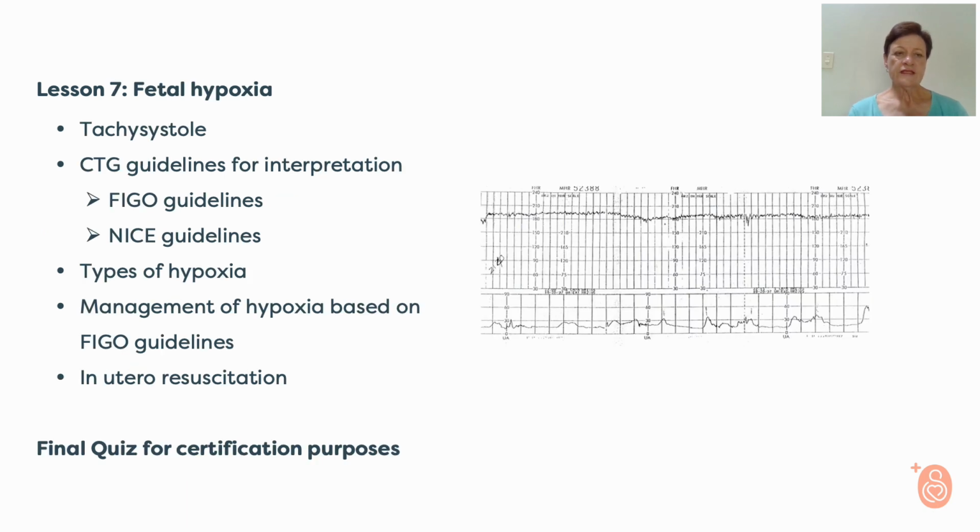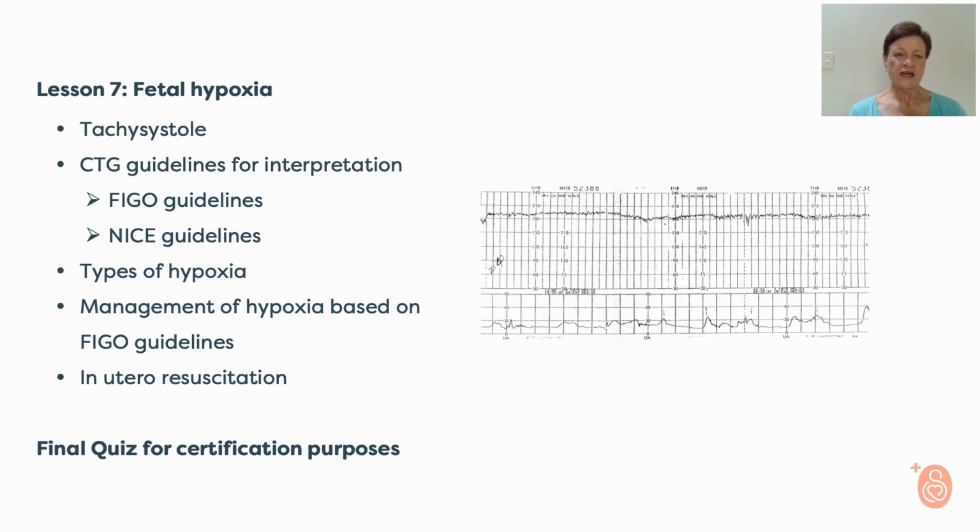And then in lesson 7, our final lesson, there's only one part, and there we discuss tachysystole, too many contractions. We will also talk about the CTG guidelines that we use for interpretation.